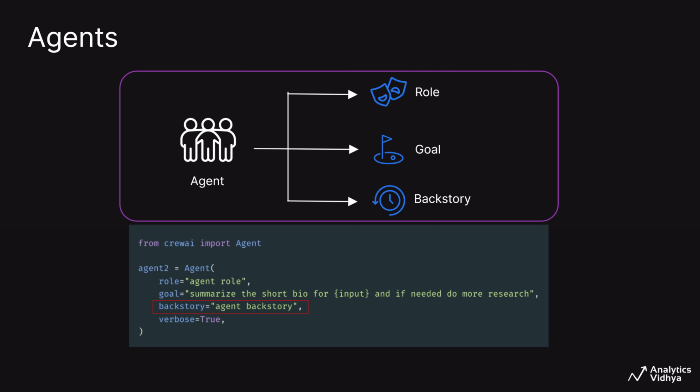The backstory is just something that we provide to make the agent more self-aware of the things that he or she has to do. And then we also have verbose, which gives us an understanding of what the agent is doing under the hood. So we can see in the prompt what the agent is actually doing while looking for a solution or trying to accomplish a task.